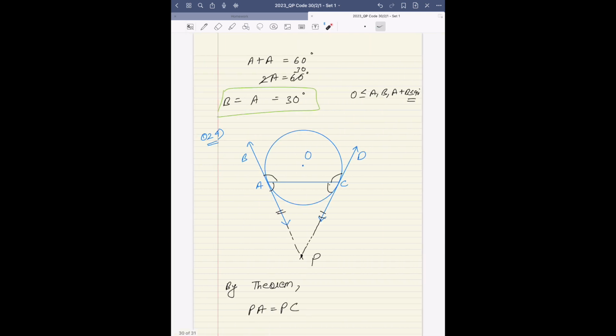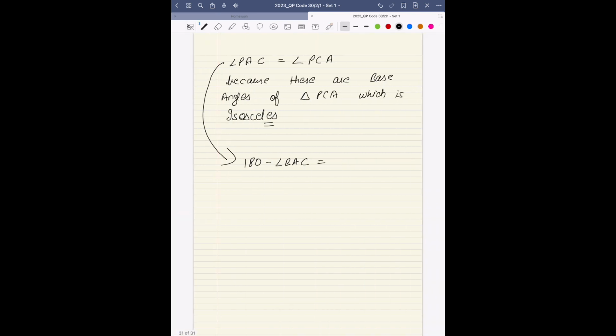Same thing: angle PCA is 180 minus angle DCA. In the bracket, always mention why, just call it straight line angle, for the examiner to understand why you have written 180 minus BAC. Now 180 cancels, negative negative cancels. Hence, angle BAC is equal to angle DCA.